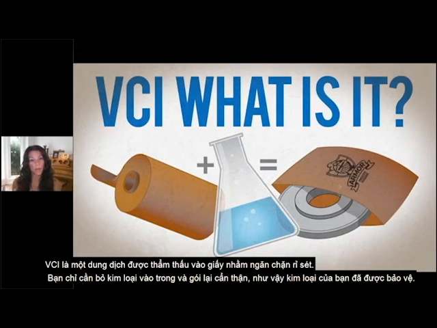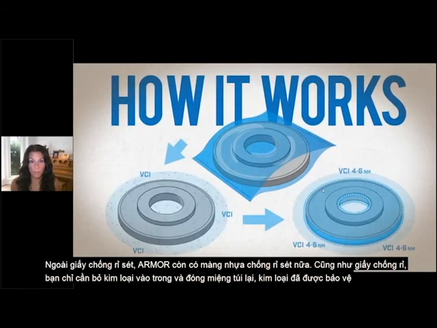And then you can take your metal part and you can put it into that kraft paper, wrap it up, and you have rust prevention on your metal. Now here's another example. We've just switched the carrier of VCI. So we've swapped out kraft paper and we've added poly, and that poly is extruded with VCI. So you take your metal part, you put it into that poly bag, you close it up, and again, you have rust prevention on that metal.